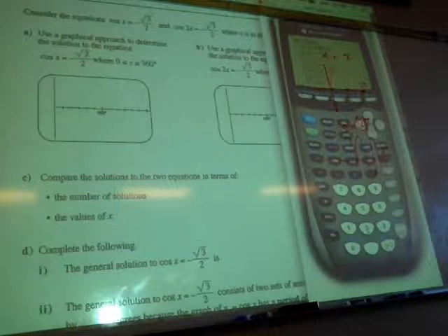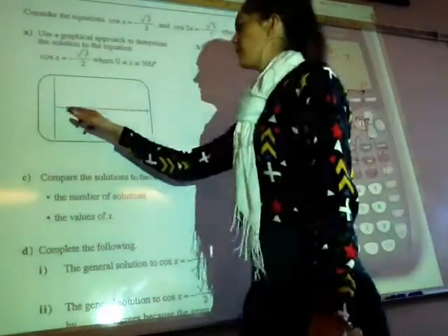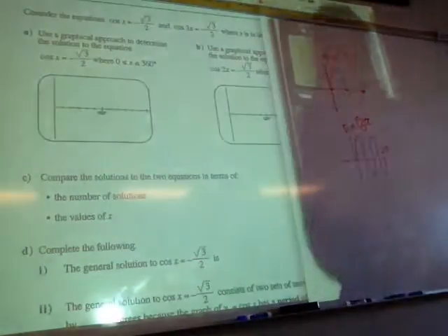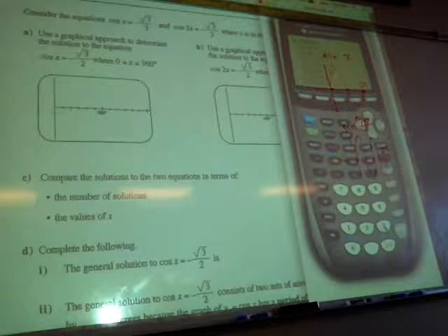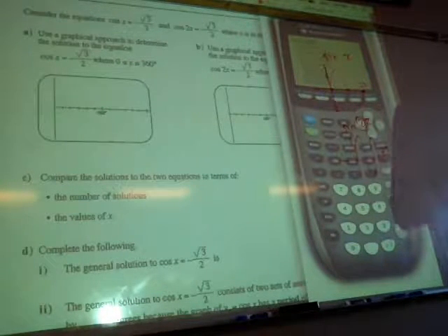So I'm just going to go -1 to 360 with a scale of, we take a look, 180 divided by 6 spaces, that gives us a scale of 30 degrees. Y min, I'll just go -2, Y max 2, and I'll scale up by 1. Make sure your window settings are something along the lines of those.